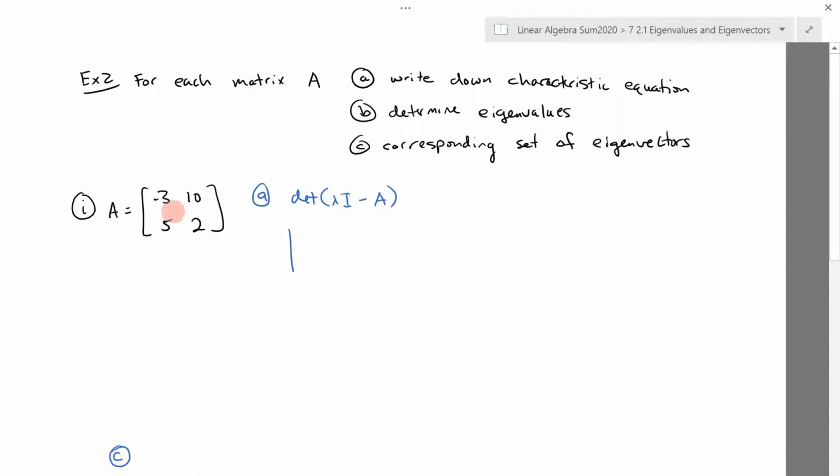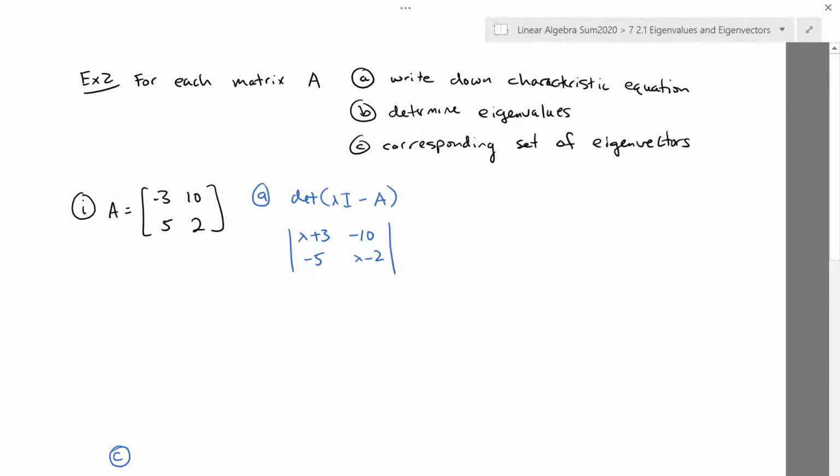On the diagonal entries, it's lambda minus the diagonal entries, right? So lambda minus a negative 3 becomes lambda plus 3. And then here we have lambda minus 2. And then off of the diagonal, it's just the opposite, right? So the opposite of 10 is minus 10. Opposite of 5 is minus 5.